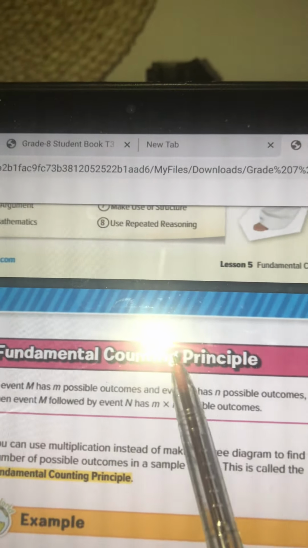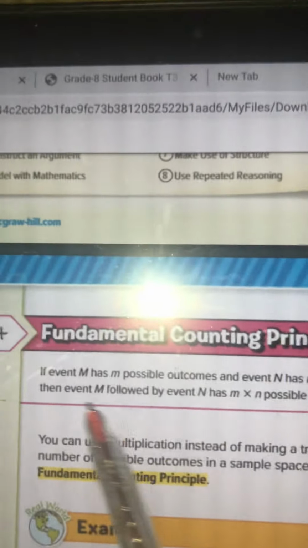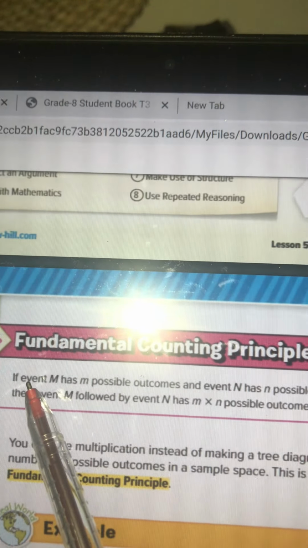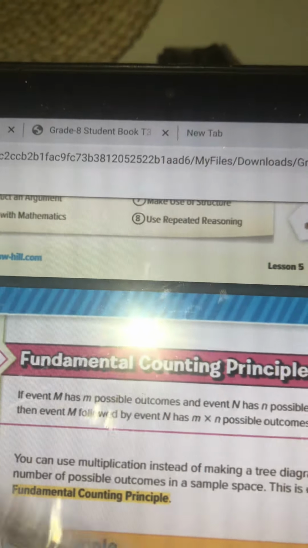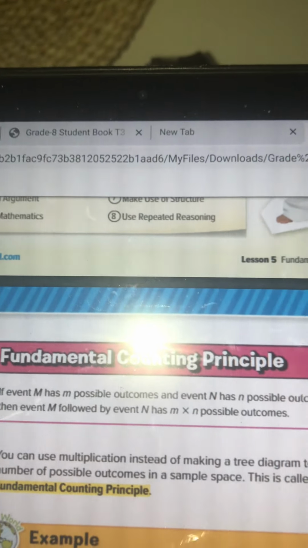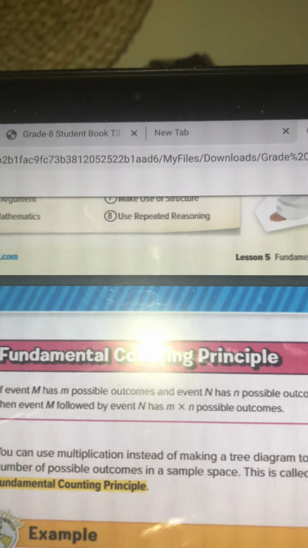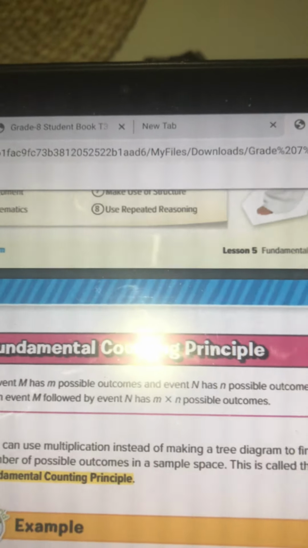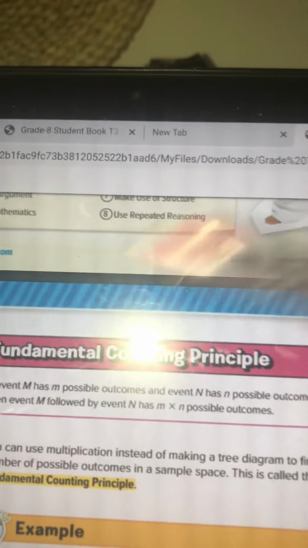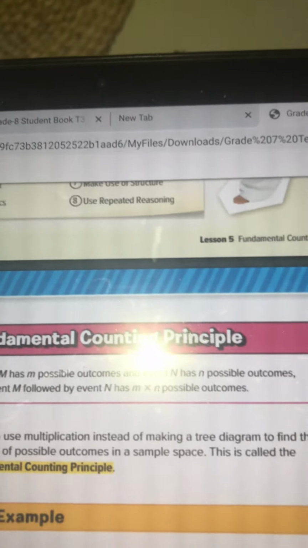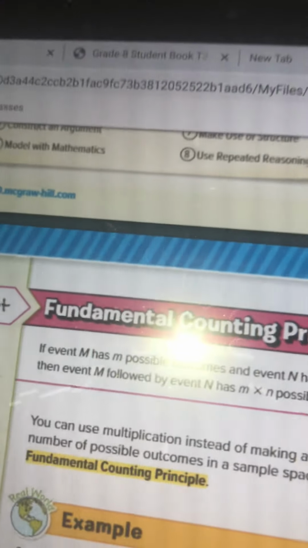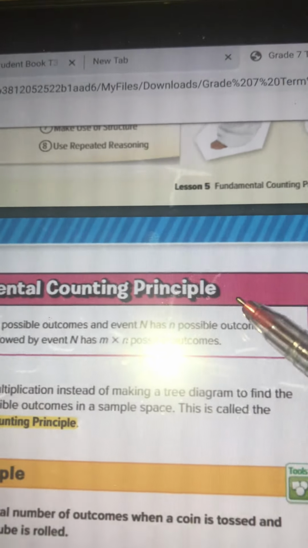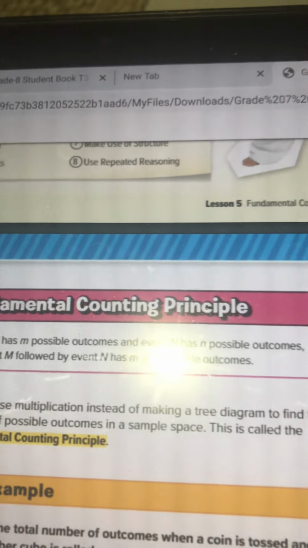All right, now, what does the fundamental counting principle say? This is in your book. If one event has M possible outcomes, you may have one outcome, might have 3 outcomes, might have 2 outcomes, yes? And you have a second event, and you're calling that second event N, okay? It will have N possible outcomes.